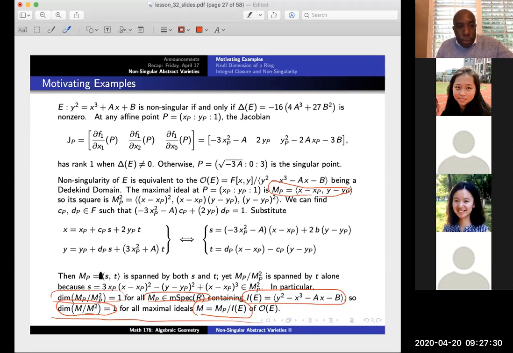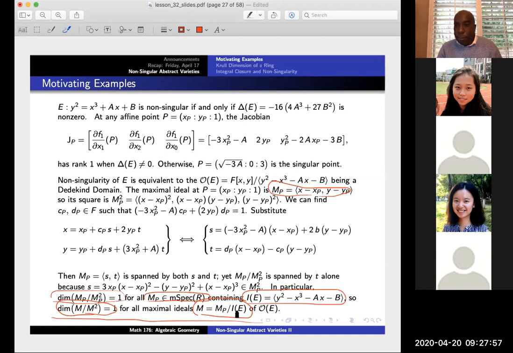Everything up to this point, I only talked about MP, which is the maximal ideal of the polynomial ring. But I have to do this very last step to realize that I really want to look at all maximal ideals of the coordinate ring, of OE. This is where I use the lattice isomorphism theorem to realize that all of those maximal ideals m are of the form MP mod IE.